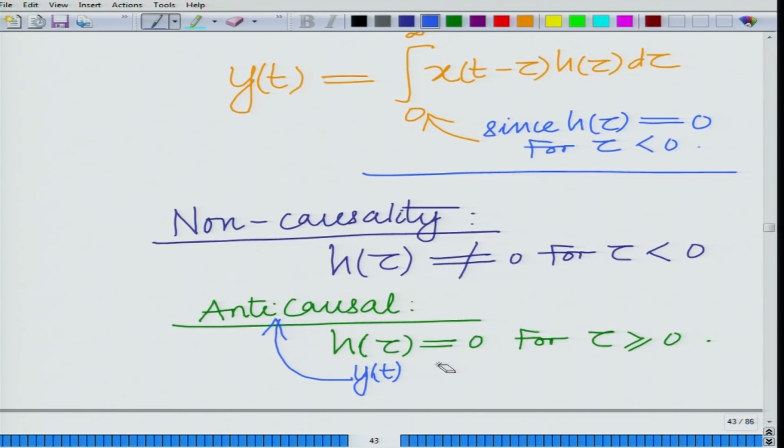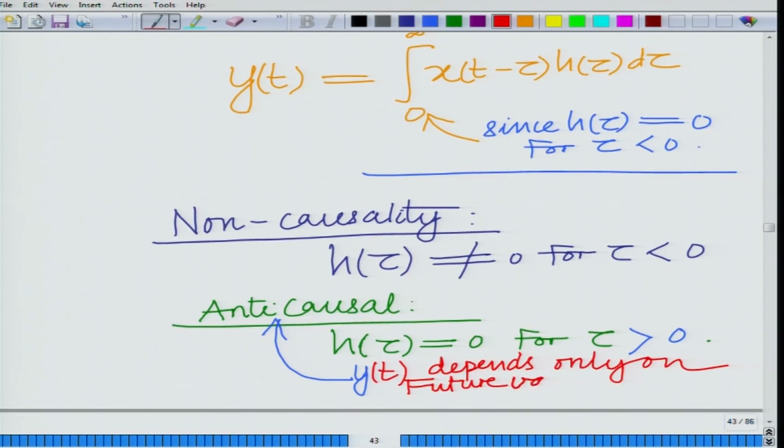You can clearly see that if h of tau is 0 for tau greater than 0, it happens that y of t depends only on future values of x of t.